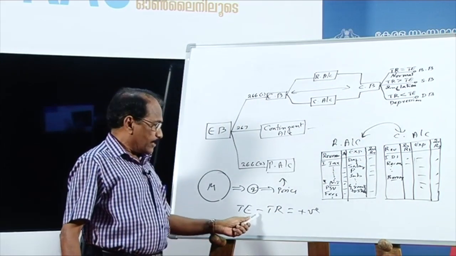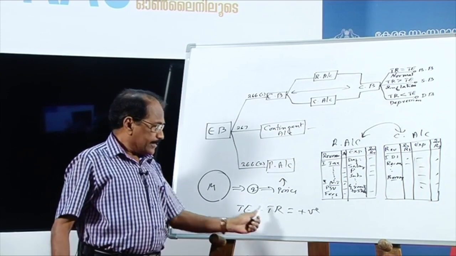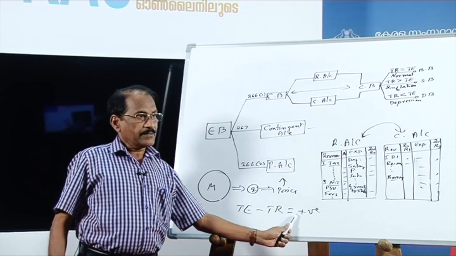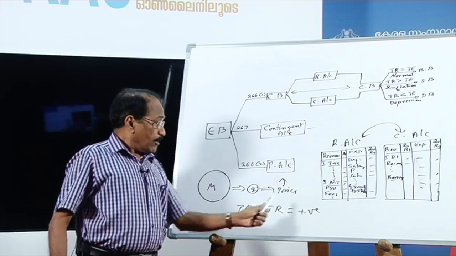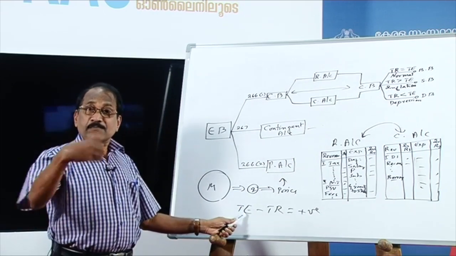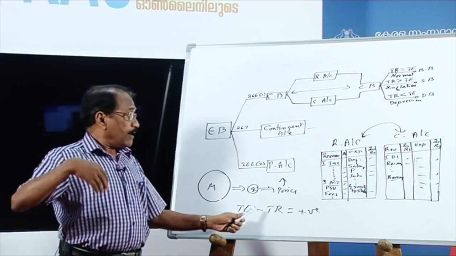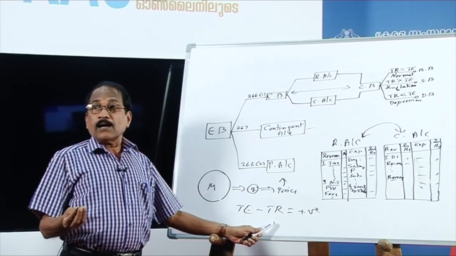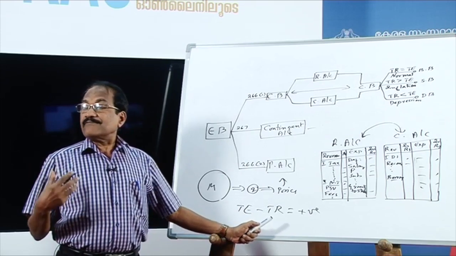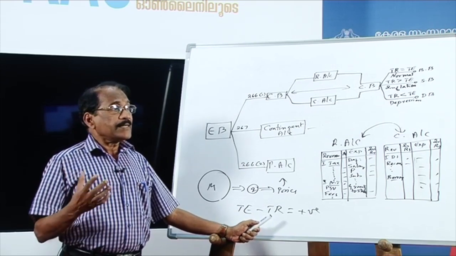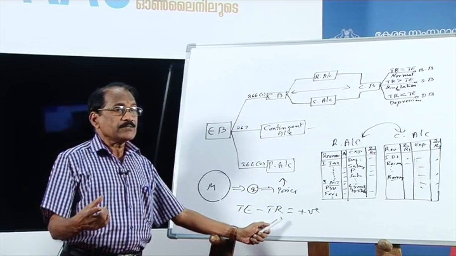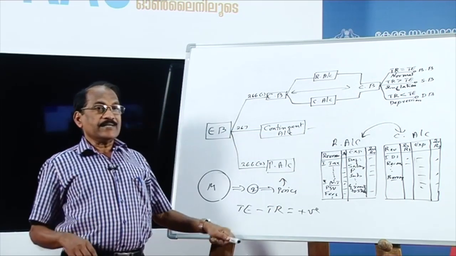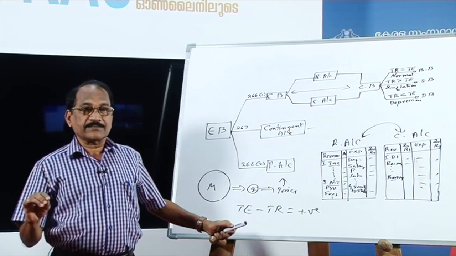Total expenditure shall be more than total revenue, and the difference between total expenditure and total revenue shall be a positive figure. Our government is spending a lot of money on different items without considering the revenue. Revenue is very low. From which source may the government raise more money for its expenditure if the budget is a deficit? That is what is called deficit financing.